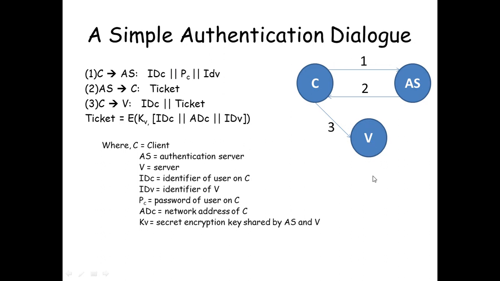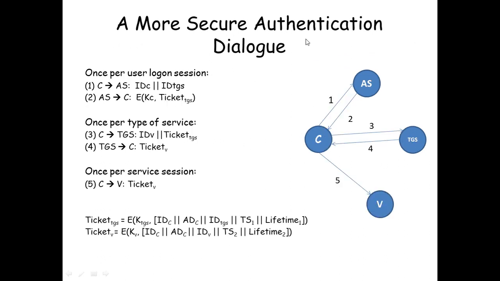So we have a more secure authentication dialogue where we also have a ticket granting server along with the authentication server. Whenever the client requires a service, first it will request the authentication server with its identifier and the identifier of the ticket granting server.